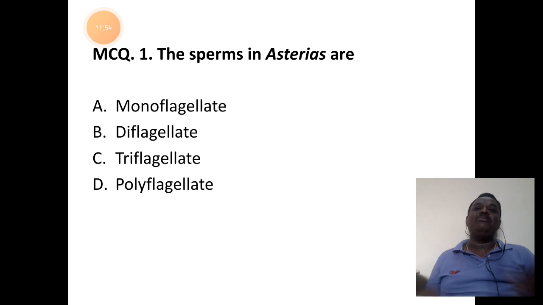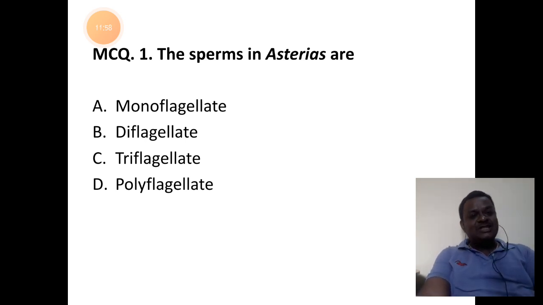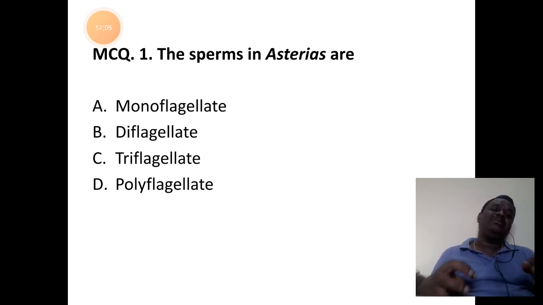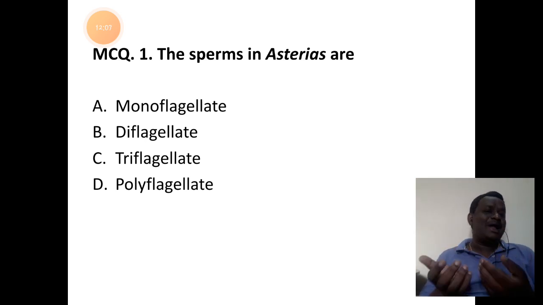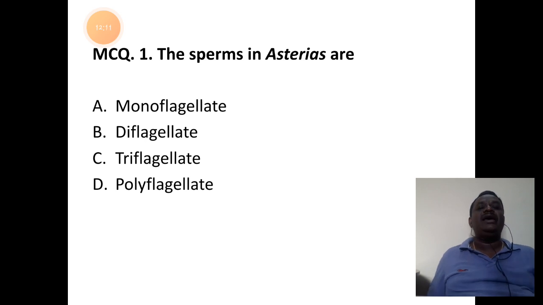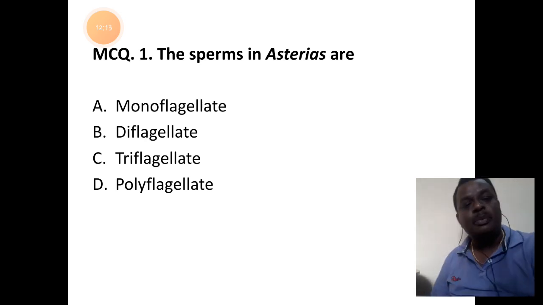So with that we are completing the concept related to the reproduction as well as the development process. Students, after understanding the reproduction and development in Asterias, now we shall concentrate on MCQs related to the topic.